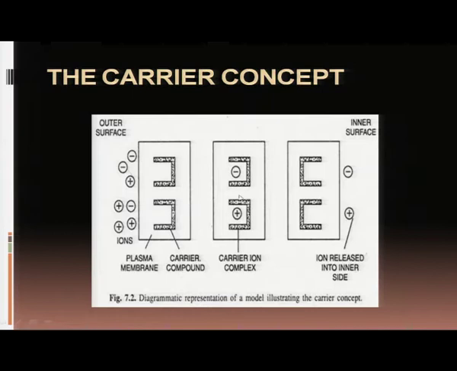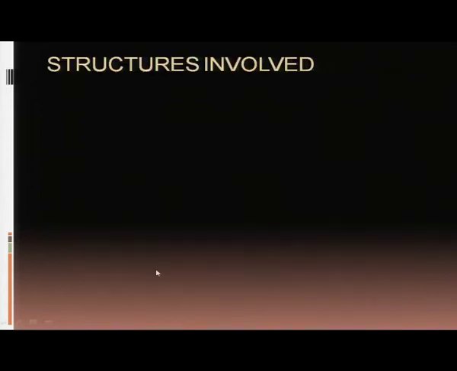This carrier will now undergo some conformational changes, so that it now faces inside of the membrane and the ion will be transported towards the inside. This is how a carrier helps in transportation of ions. Meanwhile, energy in the form of ATP is also used; only then is it known as active transport.